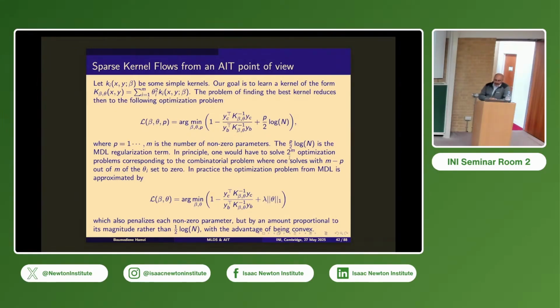In practice, we also show that we can approximate this by the sparse kernel flow. So sparse kernel flows come directly from an AIT perspective. The term, the L1 norm of theta, is just a surrogate loss that comes from this AIT loss, but with the advantage that it is convex.